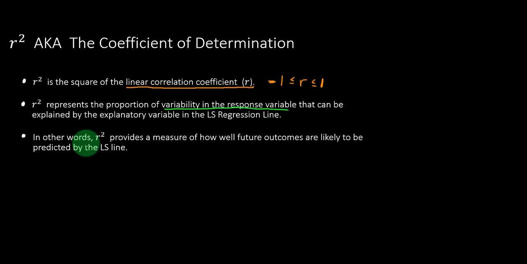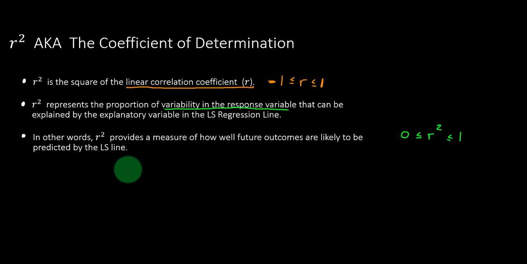Another way to think about that is R-squared provides you some indication of how well your future outcomes are likely to be predicted by using that line. So R-squared can be as small as a 0, and we'll talk about what 0 means, but it can go all the way up to a 1.